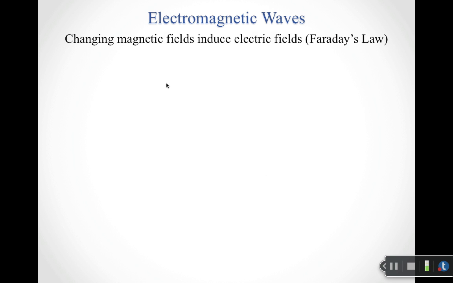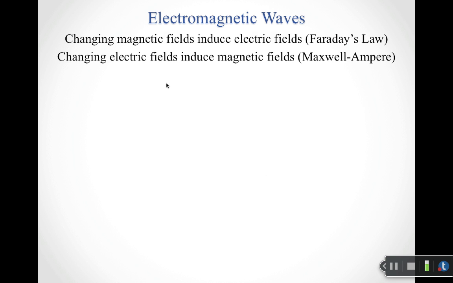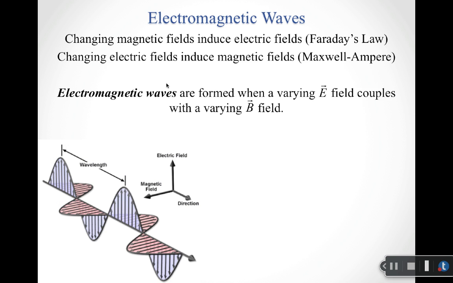What that led Maxwell to recognize was that if you take Faraday's law that says changing magnetic fields induce an electric field, and you take the Maxwell-Ampere law which says changing electric fields induce magnetic fields, putting those two things together says that if you can couple a changing magnetic and electric field together, you'll end up with something called an electromagnetic wave.